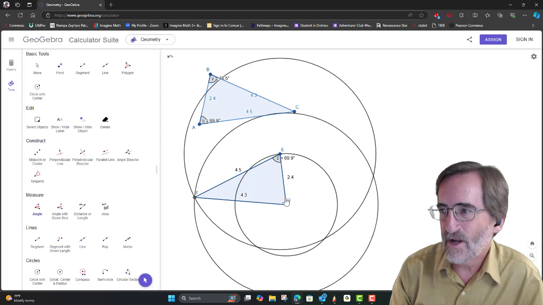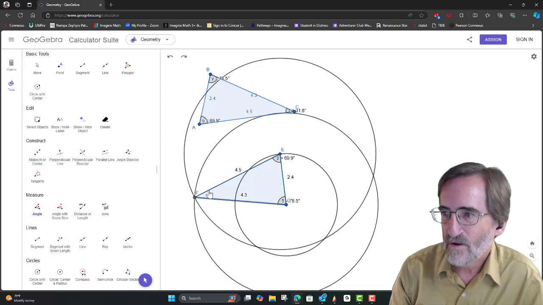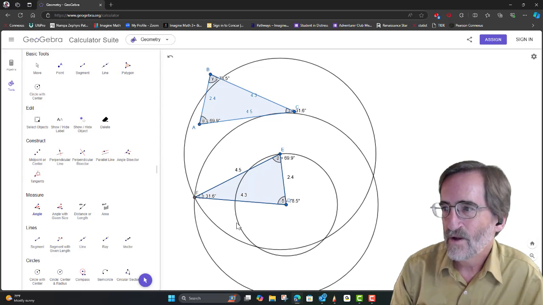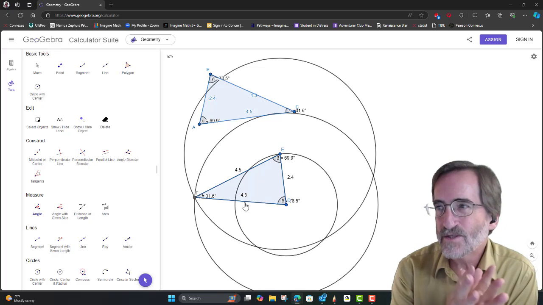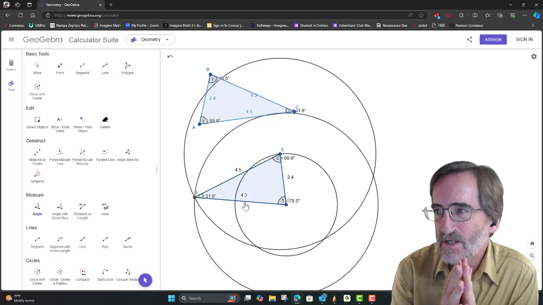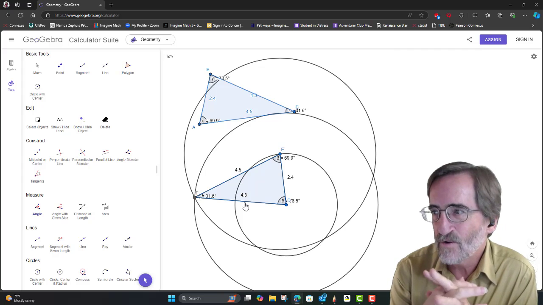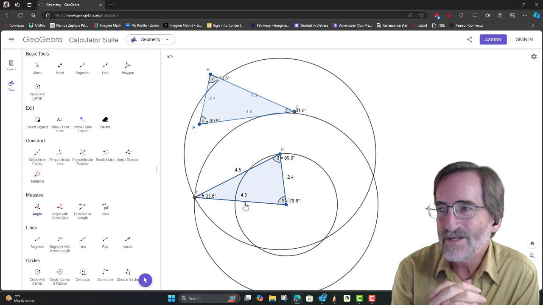I'm going to measure angle D, 78.5. I'm going to measure angle C, 31.6, and angle F, 31.6. So the angles are the same size, and so we can say triangle ABC is congruent to triangle EDF.